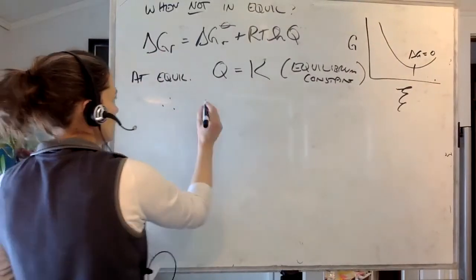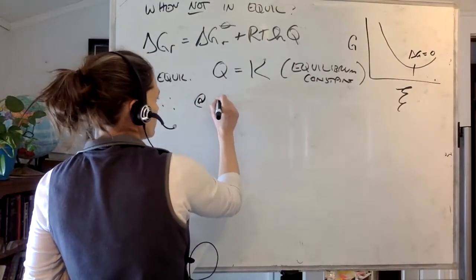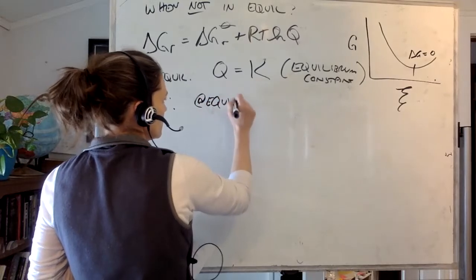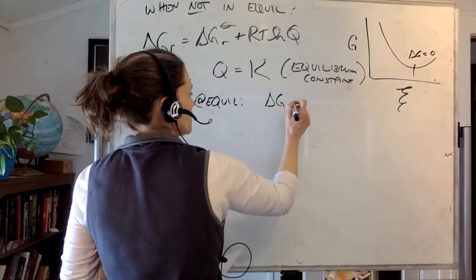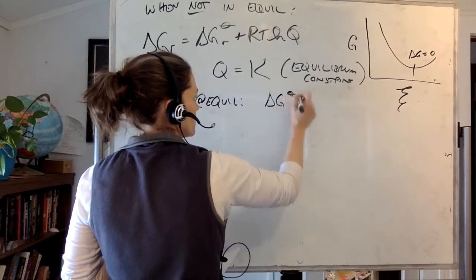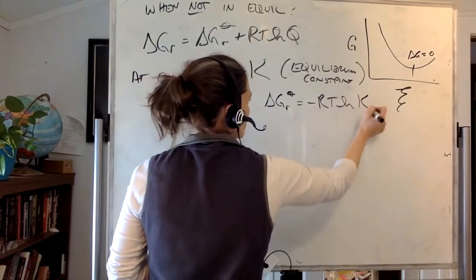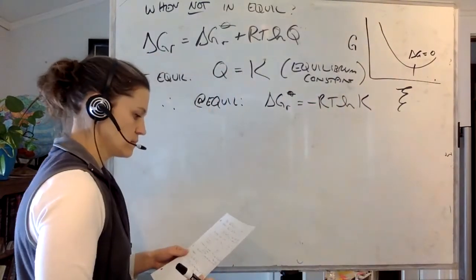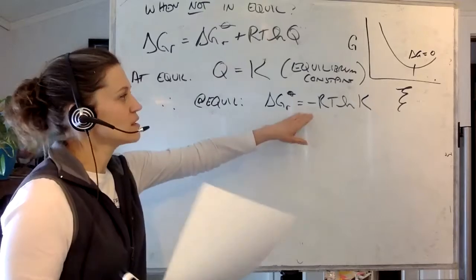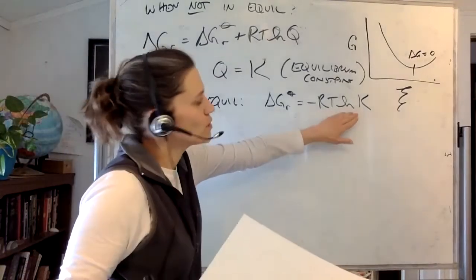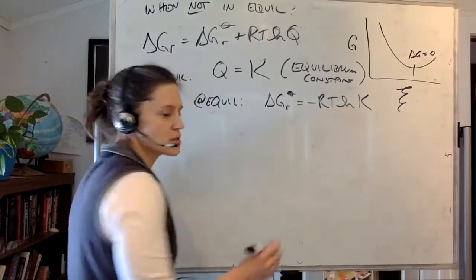Therefore, at equilibrium, delta G standard is equal to minus RT log of K. This links chemical equilibrium with thermodynamics.